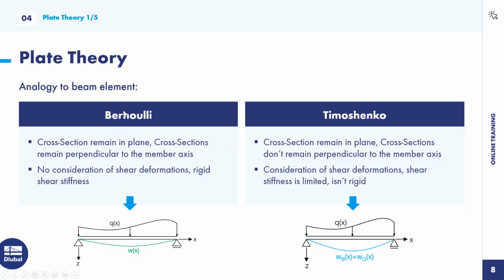For the Bernoulli beam, we just don't care about the shear deformations, and it's just rigid for shear forces. For the Timoshenko beam, on the other hand, we will have an influence of the shear deformations. That means we won't only have this bending deformation, but we will also have an amount of shear deformation that's just added.